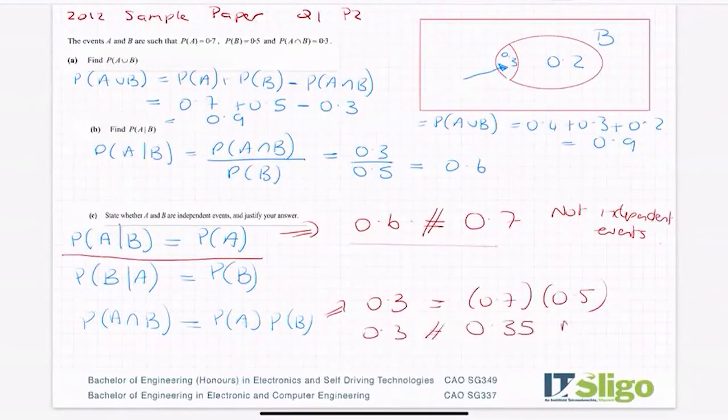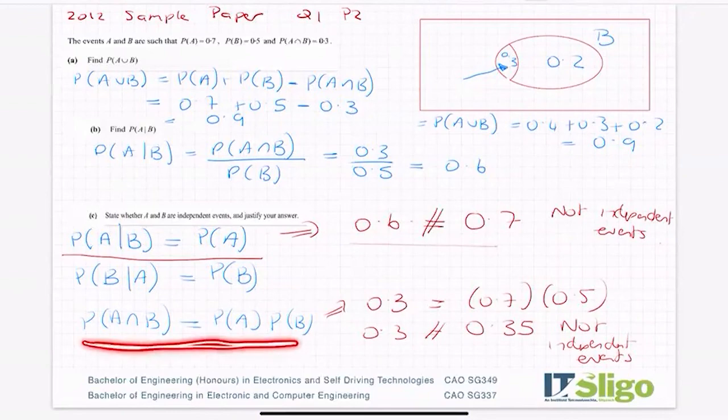They're not equal, so again, not independent events. So you only need to do it for one formula, but it does kind of come down to what information do you have to be able to check for independent events. This is the information you normally have, which is probably why it's the one I tend to default to. But you know what? Look how easy that one was if you know these formulas.